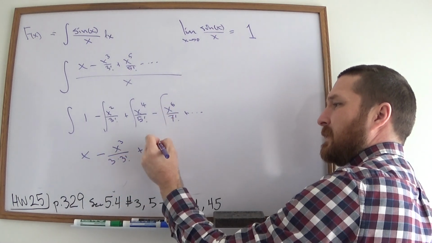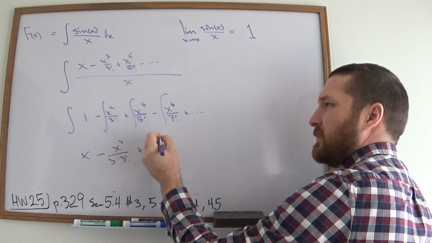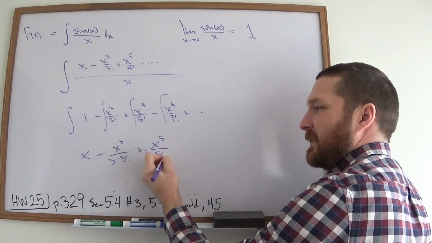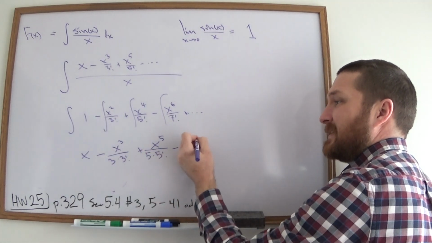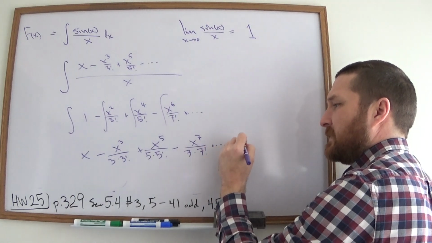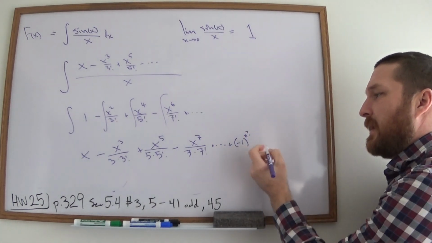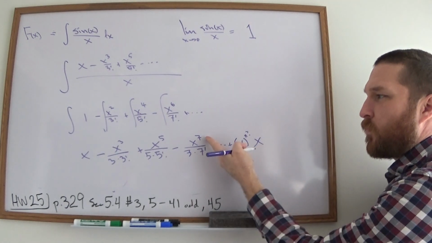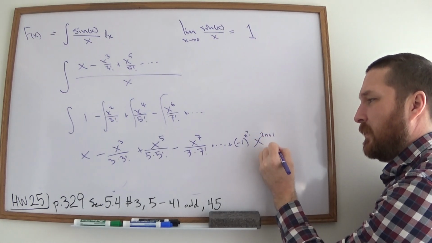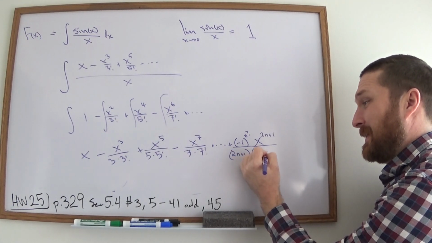Okay, plus x to the 5th over 5 times 5 factorial, minus x to the 7th over 7 times 7 factorial, and so on, all the way up to negative 1 to the n, x to the 2n plus 1 over 2n plus 1 times 2n plus 1 factorial.